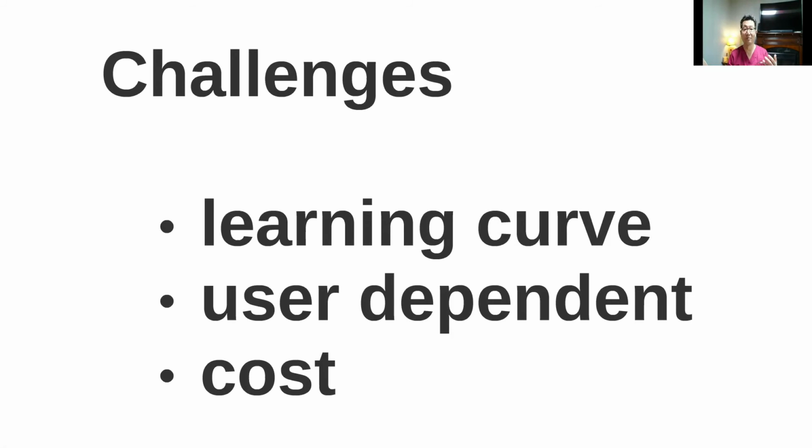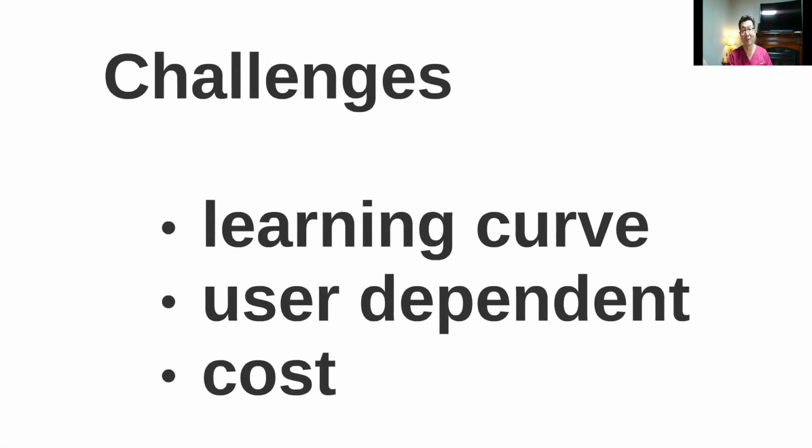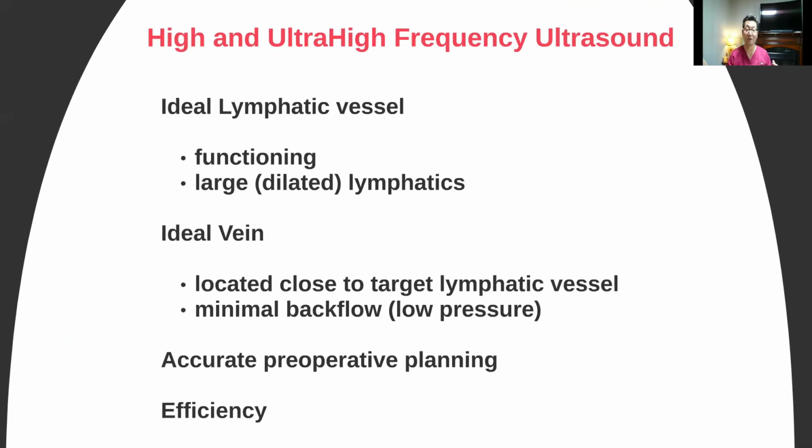I think this is a very user-dependent modality. Some residents or fellows or faculty members do it really, really well, and some just can't. And of course, there are some cost benefits. Instead of getting an MR lymphangiogram, just doing an ultrasound really has its advantage in cost. So the high and the ultra high frequency ultrasound really allows you to identify functioning lymphatics.